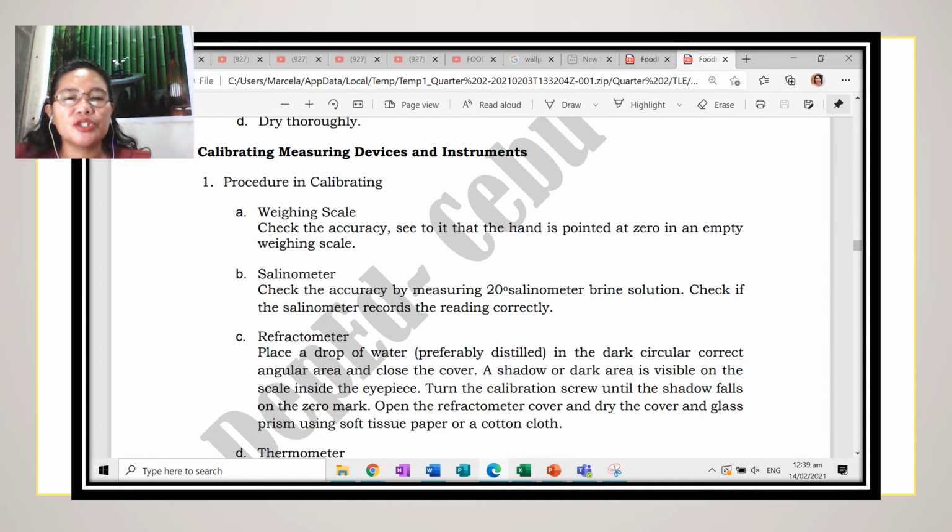Turn the calibration screw until the shadow falls on the zero mark. Then open the refractometer, and dry the cover and glass prism using soft tissue paper or a cotton cloth. And letter D is the thermometer.